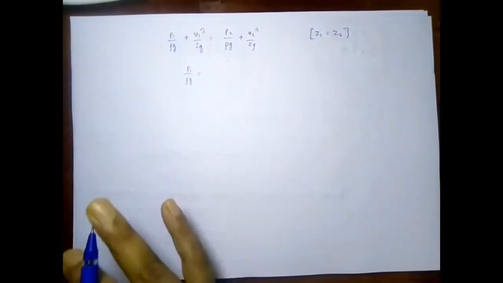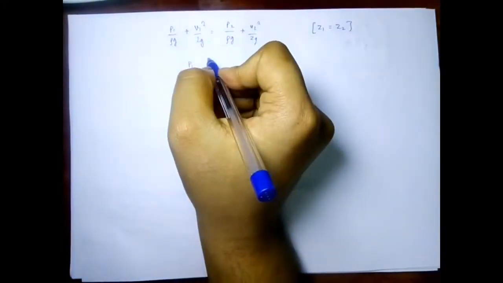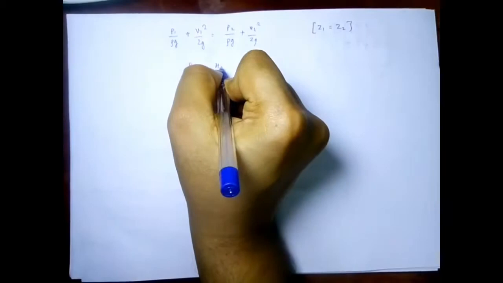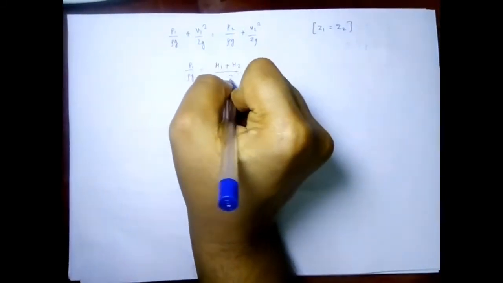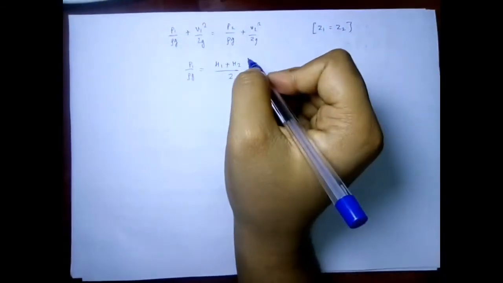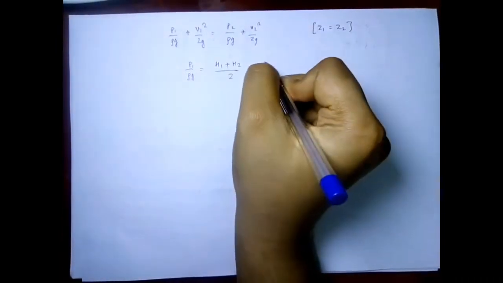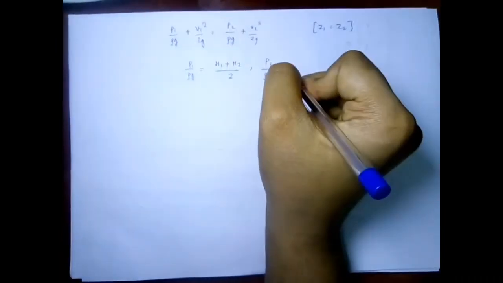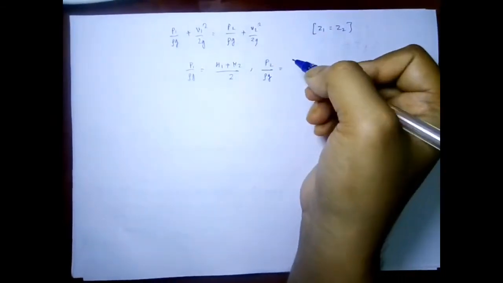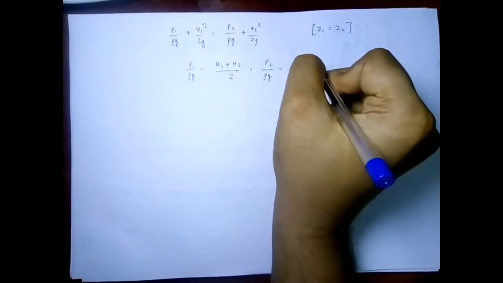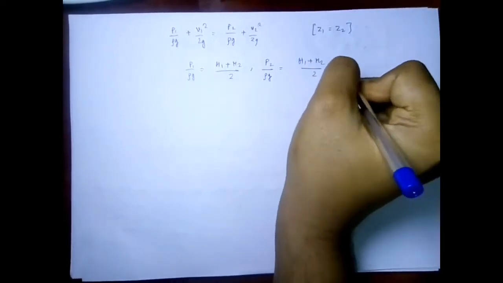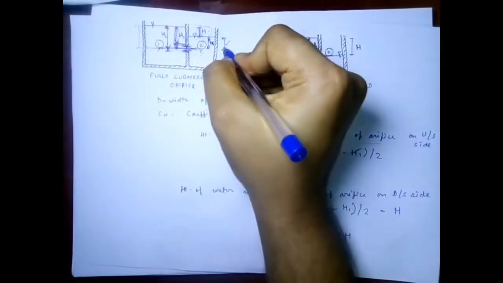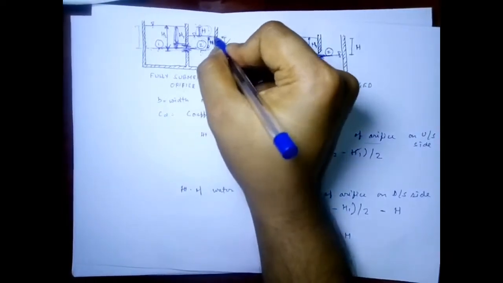So P1 upon rho g, that is the pressure head on section 1, is equal to H1 plus H2 by 2. Similarly, the pressure head on the downstream side at section 2 is equal to H1 plus H2 by 2 minus H, that is this height above the center.